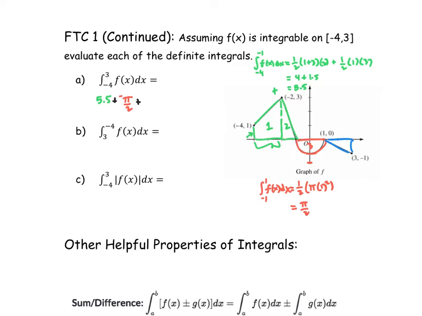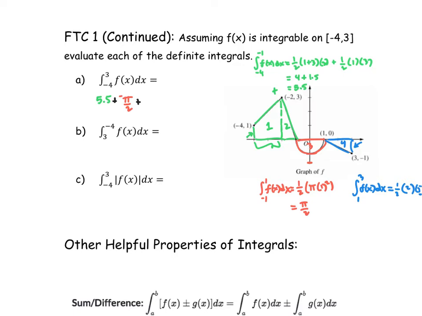Okay, and then the triangle in blue, we'll call this area 4, will be the integral from 1 to 3 of f of x with respect to x. That'll be 1/2 the base, which is 2, times the height, which is 1. Now I know that the height is -1, right? This is a length of -1. You could either use that as a -1, or you can just understand that the area beneath will be negative.